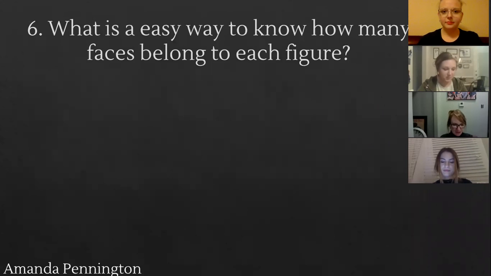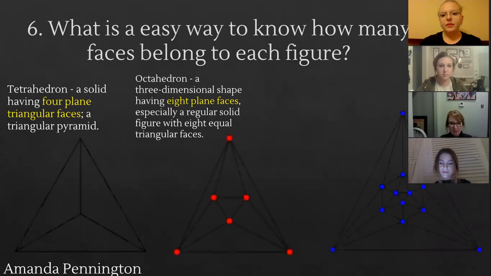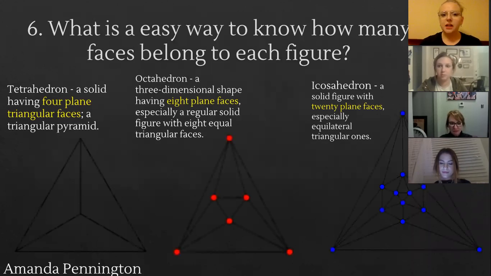Okay, so Amanda, what is the easy way to know how many faces belong to each figure? Okay, so one thing that I like to do is I like to know the root word or the beginning of the word meaning. So what I found really fascinating was that I know that tetra will mean 4. So that means that a tetrahedron will have 4 triangle faces on it.